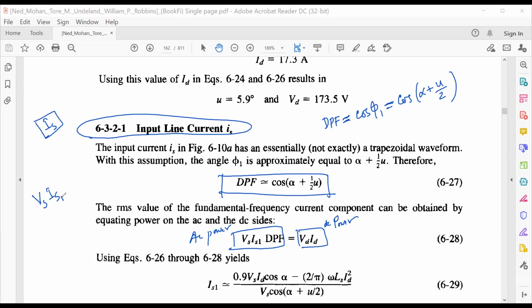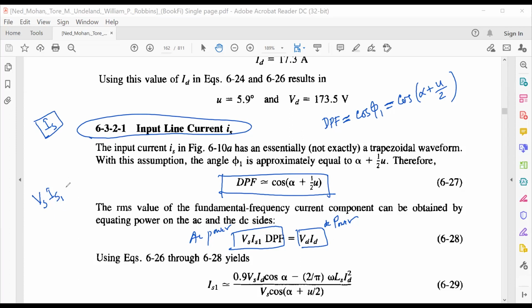That current only contributes to your power, because VS3, VS5 are all 0, so we don't need to consider IS5 or IS3, etc. Then we have to find the angle between this VS and IS1.